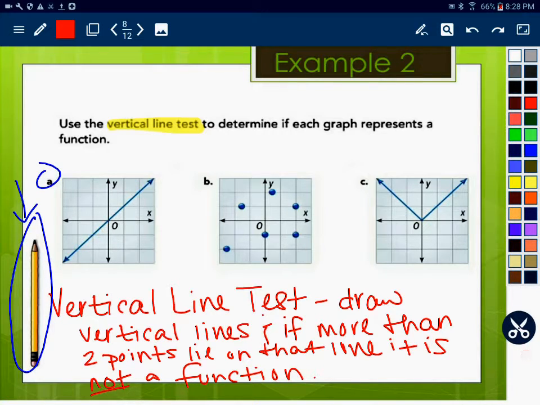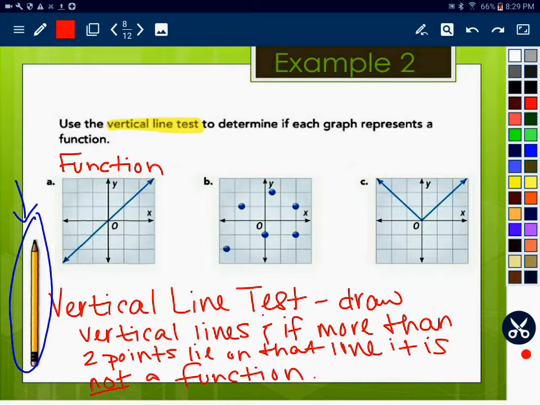And I'll even draw some lines in here. If I drew a vertical line here, it only ever crosses once. If I draw a vertical line here, it only ever crosses once. Same over here, it only ever crosses once. Doesn't seem like there's anywhere on part A where if I drew a vertical line, it would cross more than once. So this is a function.